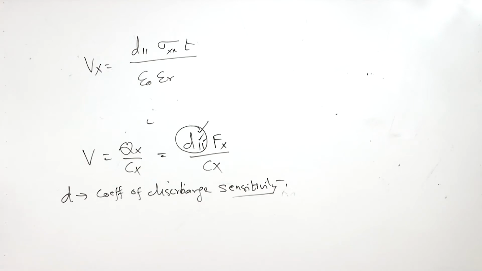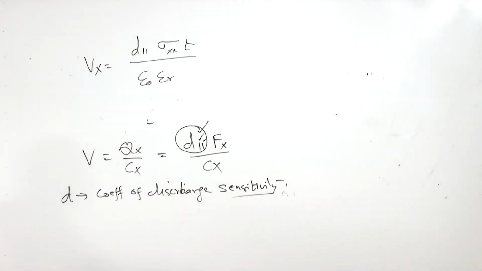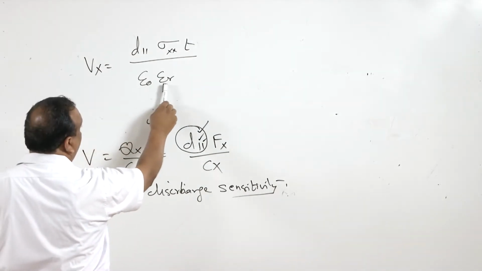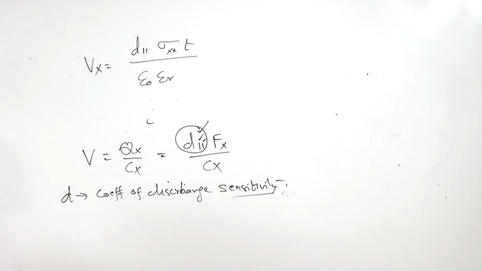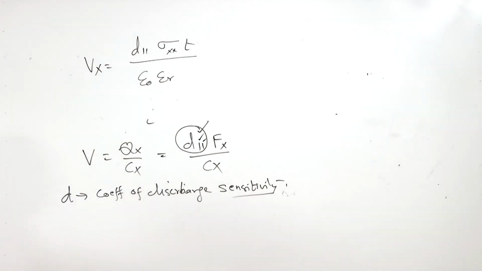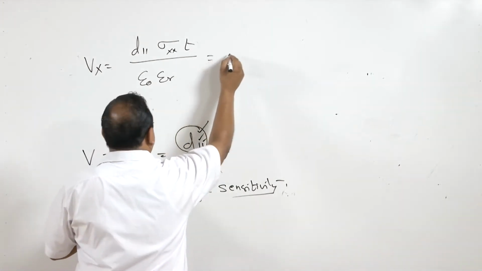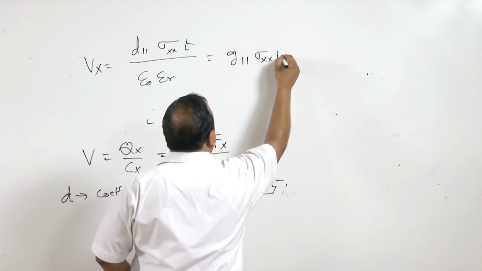Because sigma is F by A. So this epsilon A, this F is divided by A, that is how we are getting sigma xx. And T is already there, right? Now, it can be replaced by G11 sigma xx T.